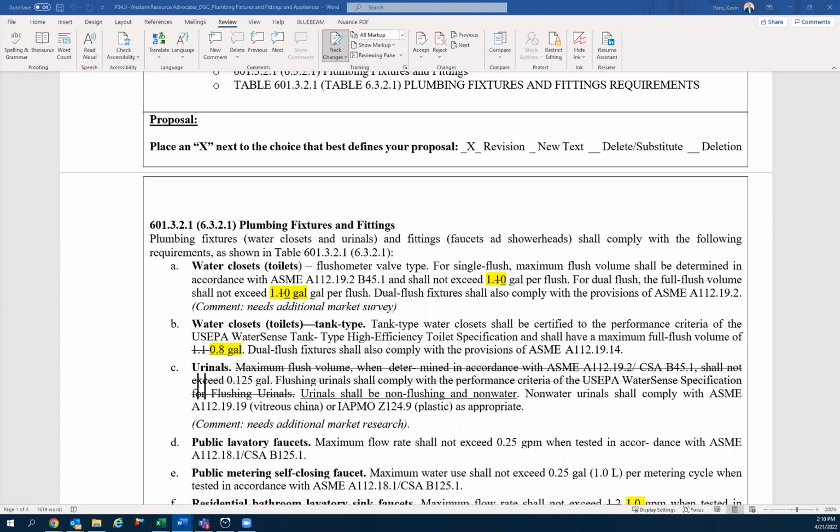And we did some more market analysis around this and found that the two largest toilet manufacturers, Kohler and American Standard, both manufacture 1.0 gallon valve type toilets. We also found a number of different brands beyond the Niagara Stealth, which we talked about and which has been pretty commonly used in Denver and by different rebate programs, that have 0.8 gallon tank type toilets, as well as the valve type toilets.